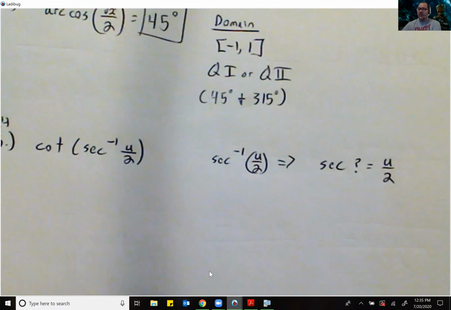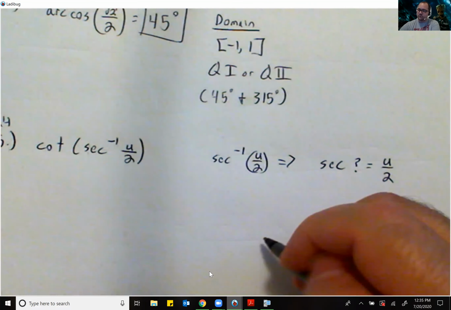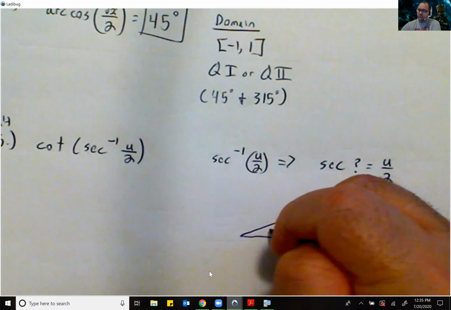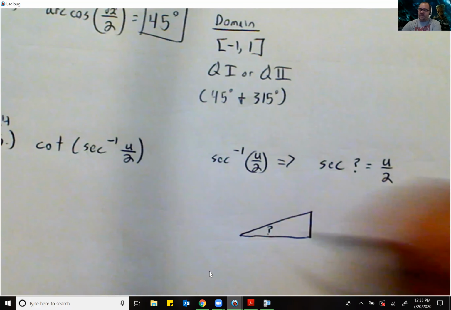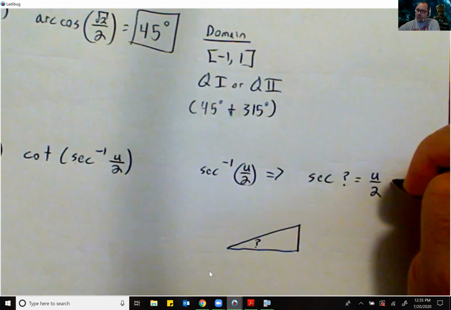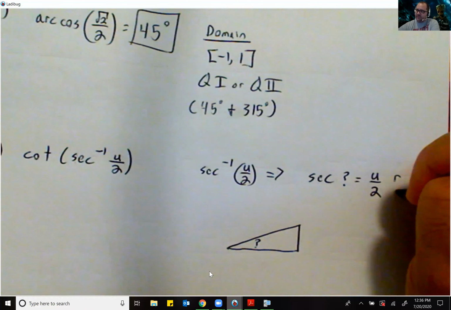Okay? And then think about this in terms of a right triangle, where this is our angle. Secant is made up of r over x.